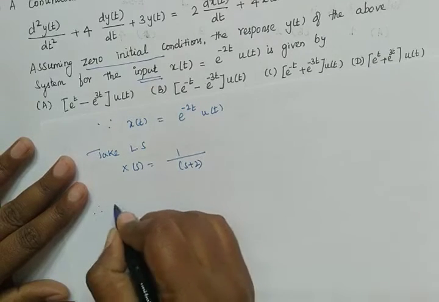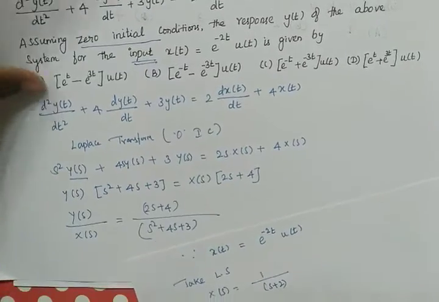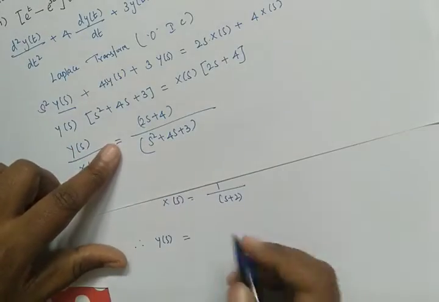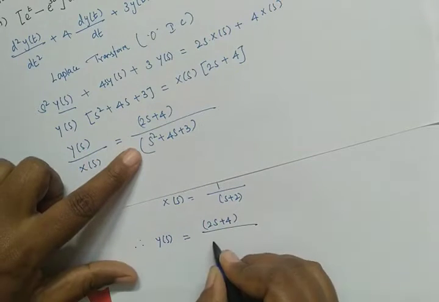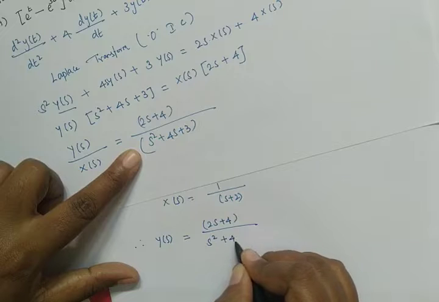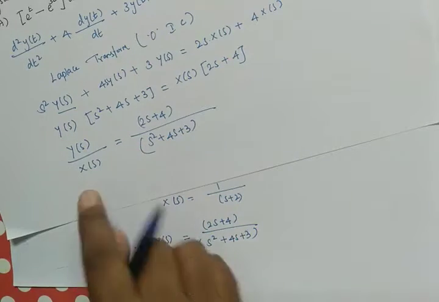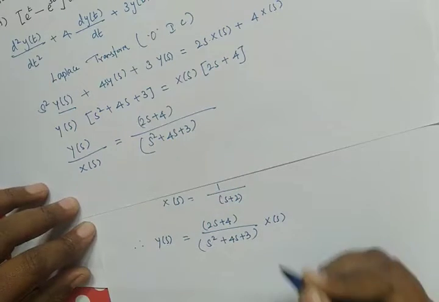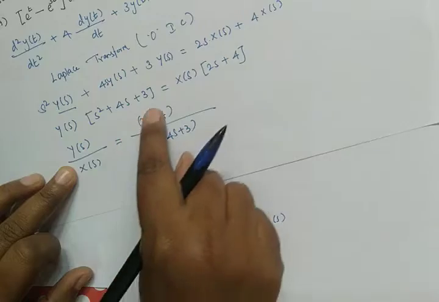Now what is our y of s? We got y of s by x of s equal to 2s plus 4 divided by s square plus 4s plus 3. Previously we have got this y of s by x of s is equal to this expression.